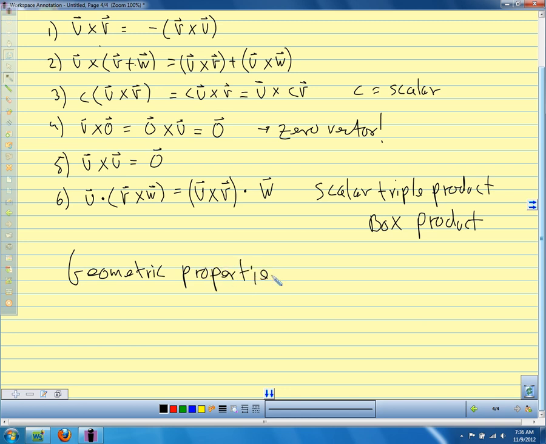Now our geometric properties: what the cross product is telling us about the vectors geometrically.